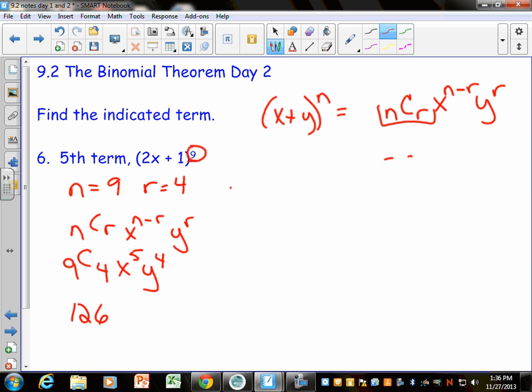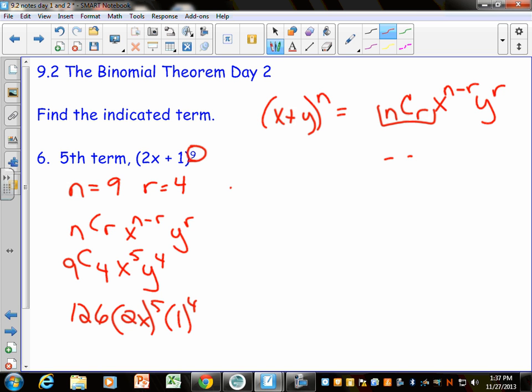But don't forget, it's not just x and y, right? You have to plug in your x and your y up here. So x is 2x to the 5th, and y happens to just be 1 to the 4th, and you're just going to work all that out. I think on your homework, they actually give you the exponents, and they just want the coefficient, so it doesn't work out so bad.